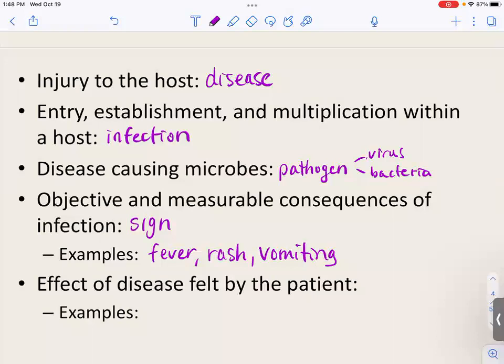Results of infection or disease felt by the patient, we call that a symptom. We don't always use those two terms correctly, signs and symptoms, but an example of a symptom would be something like malaise, tiredness, or some kind of pain, headache. The patient reports having them, but as a physician, you wouldn't be able to measure that very easily.